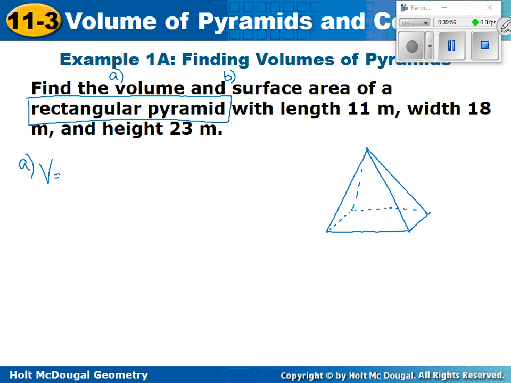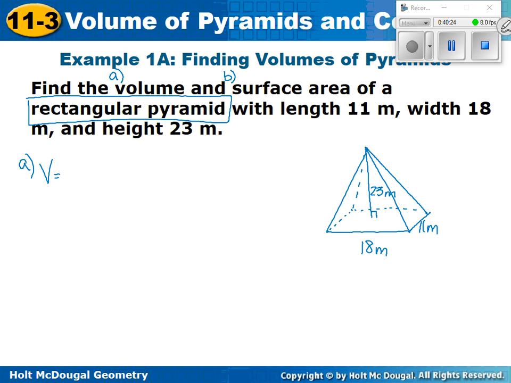It has a length of 11, a width of 18, and a height of 23. Where's the 11 and the 18 going? On the base. So one of these is 11, one of them's 18, and are they giving me H or L? H. If they say height, that means H. If they're giving me L, they will give me slant height or lateral height. They won't say height.